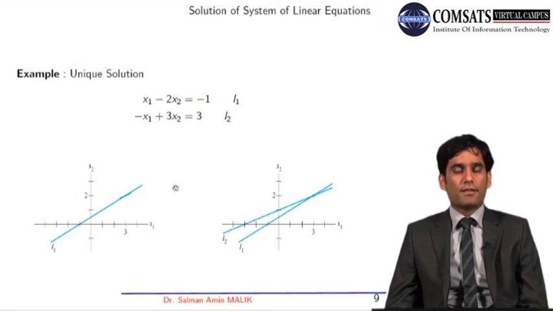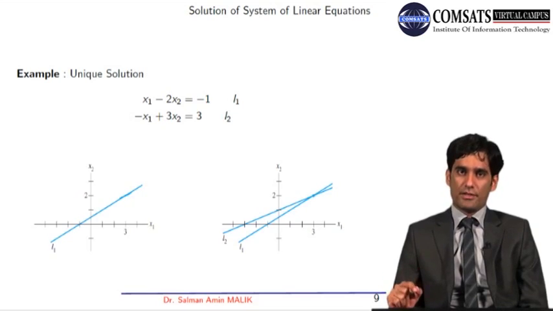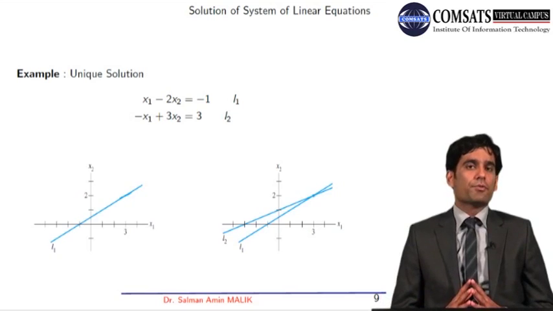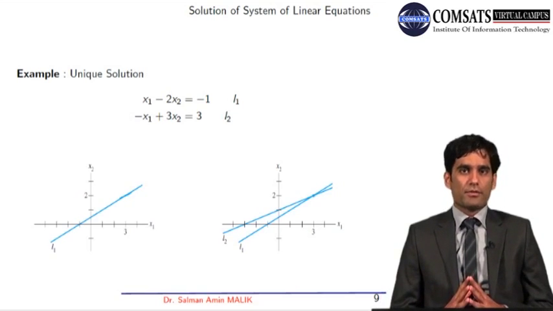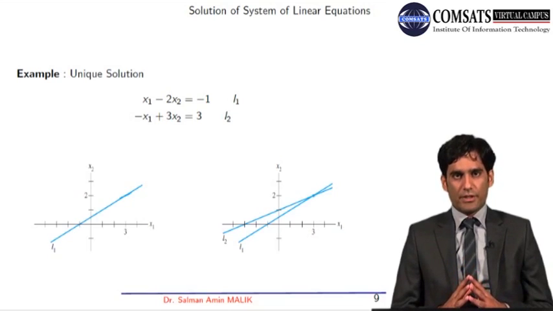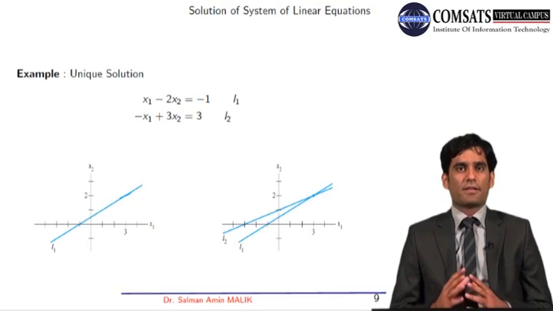Of course, we know that whenever 2 lines intersect, they always intersect at a point and the point is unique. So our system of linear equations with 2 variables and 2 equations will have a unique solution if the graphs of these 2 equations, which are straight lines, intersect at a point.